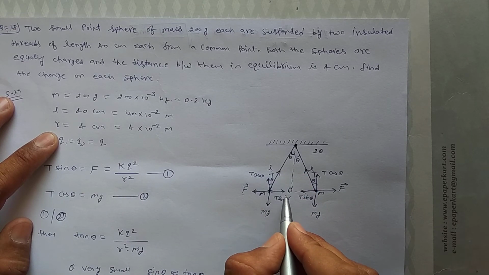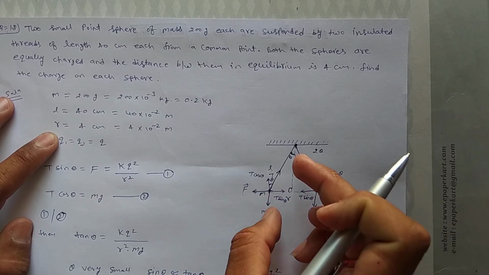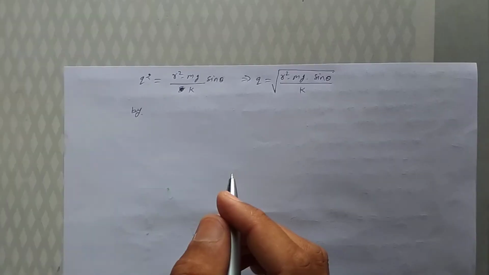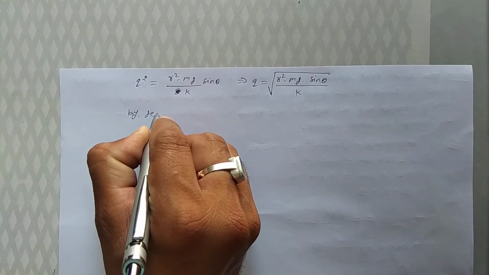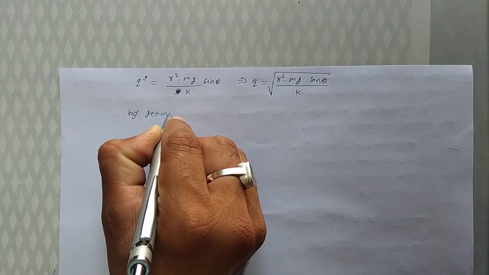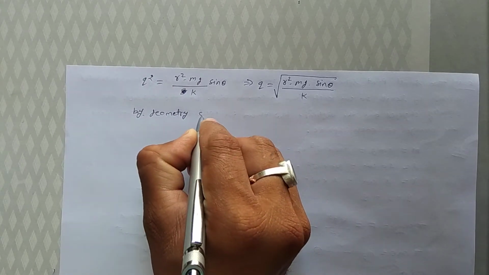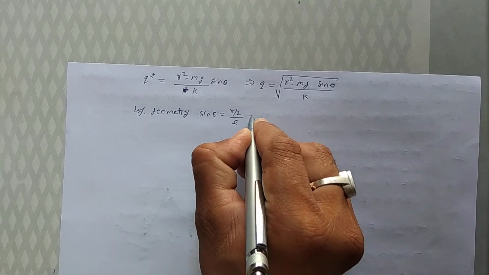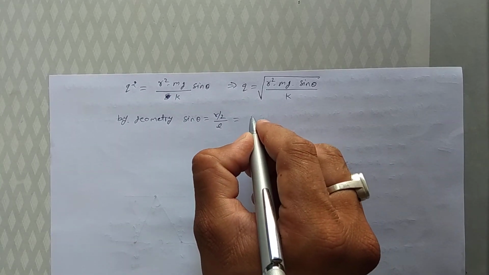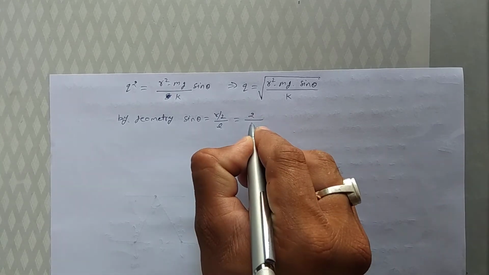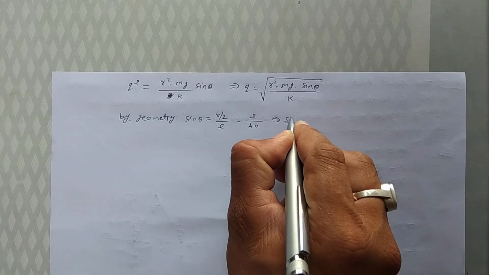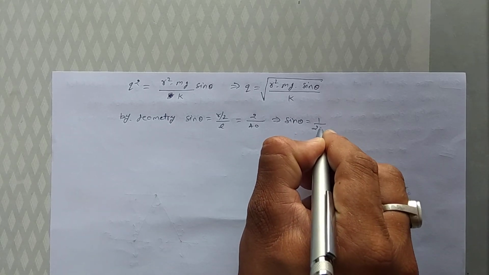The perpendicular is r by 2 and the hypotenuse is L. So sin theta is equal to (r upon 2) upon L. We know that r is equal to 4, so r by 2, L is equal to 40. So sin theta is equal to 1 upon 20.